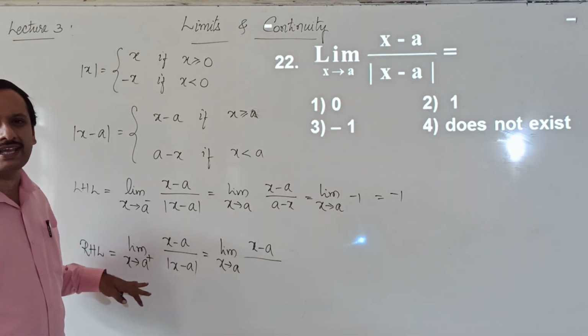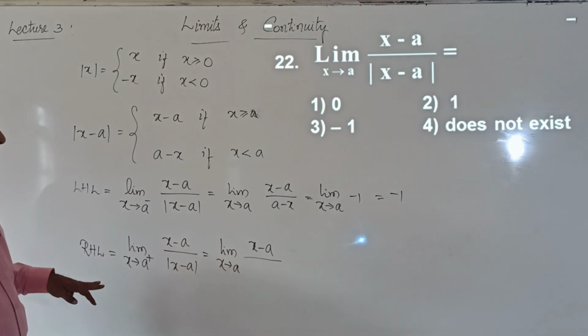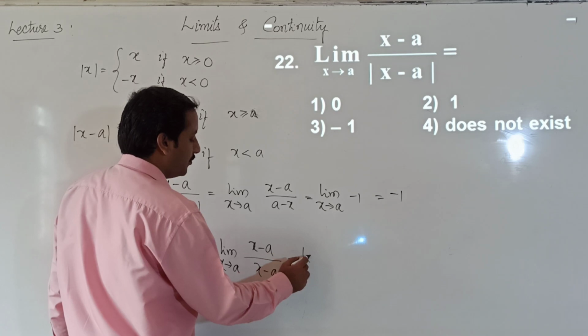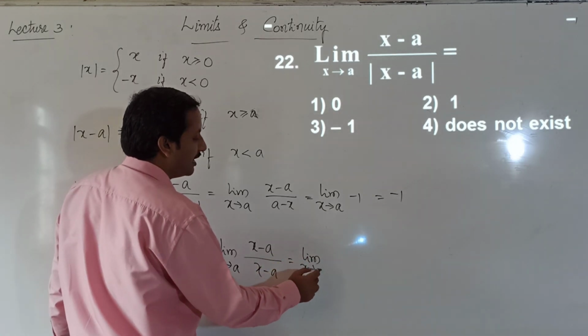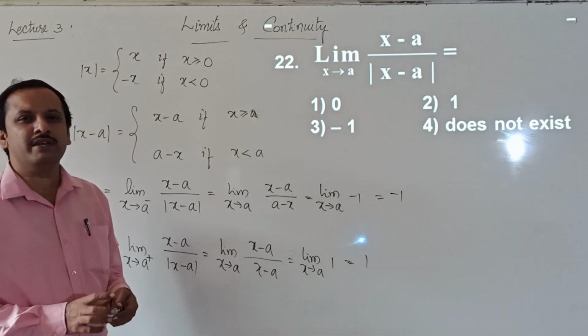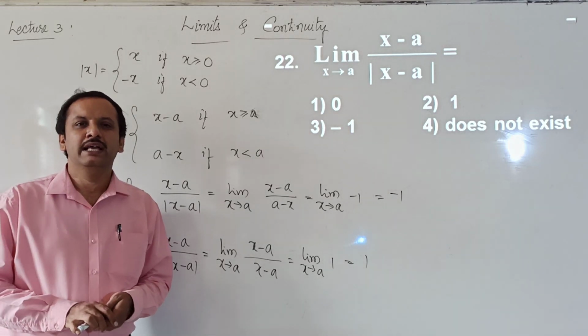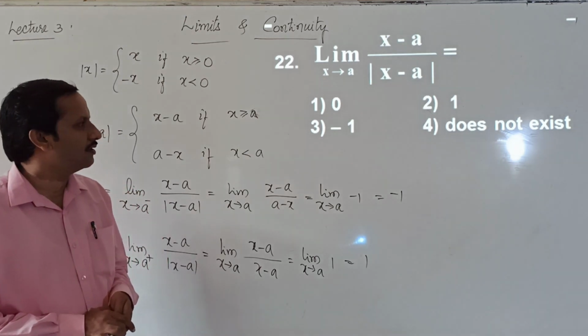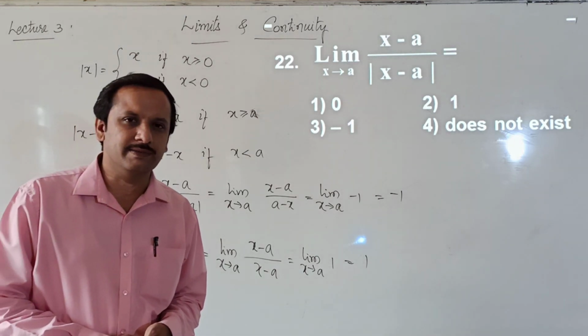Whenever x is greater than a, mod x minus a is defined as x minus a. These two get cancelled. So we have limit x tends to a of 1 is equal to 1. The left hand limit is minus 1, the right hand limit is plus 1. Therefore, the limit does not exist. The 4th option is the correct answer.